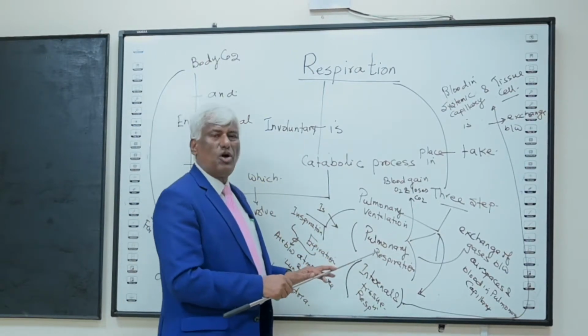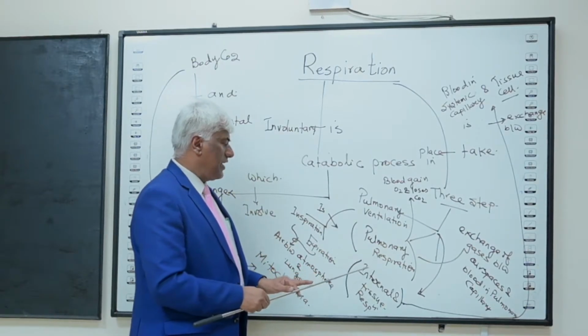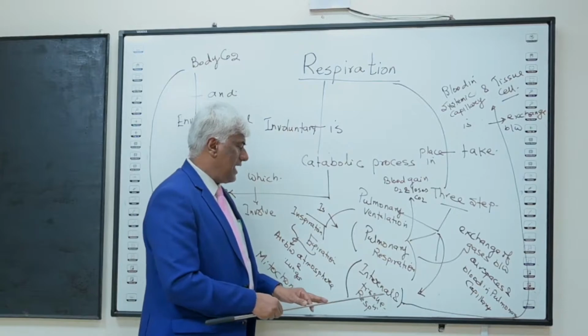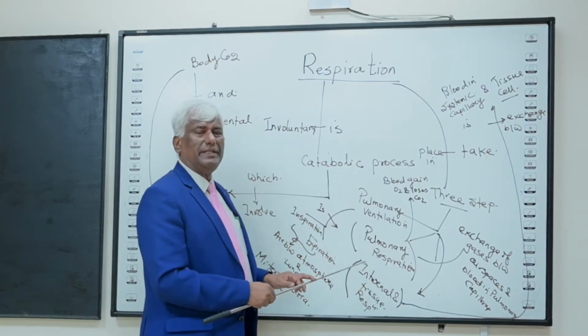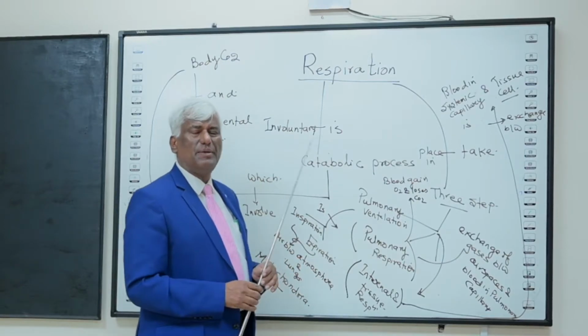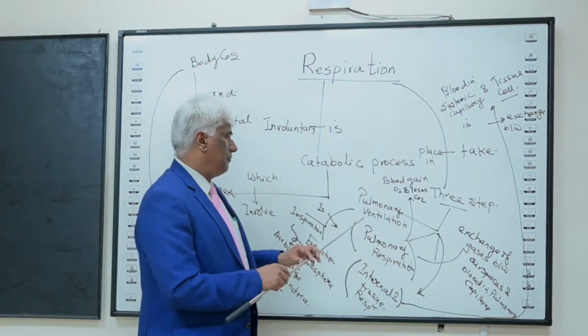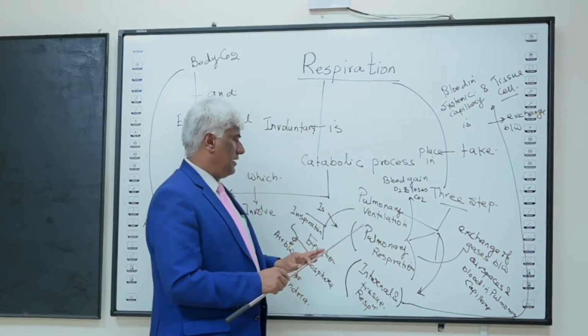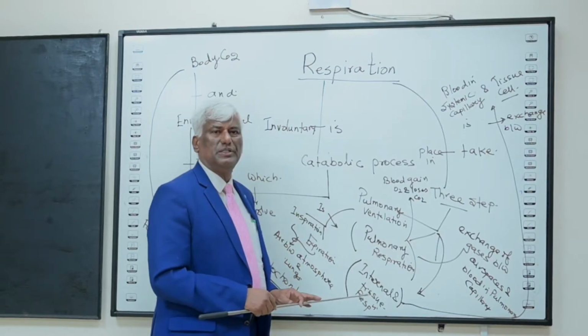The second one is called pulmonary respiration. And the third one is called internal and tissue respiration. So we have 3 steps: pulmonary ventilation, pulmonary respiration, and internal and tissue respiration.